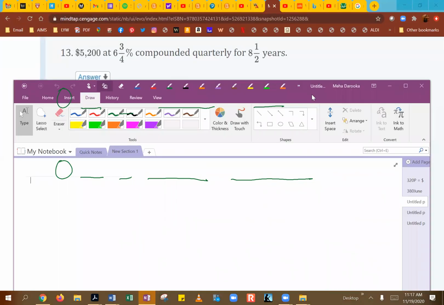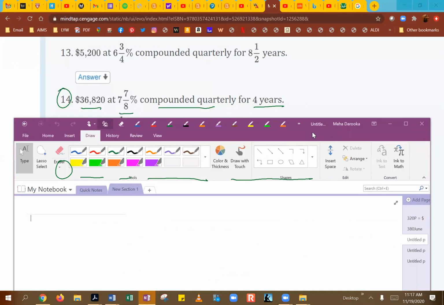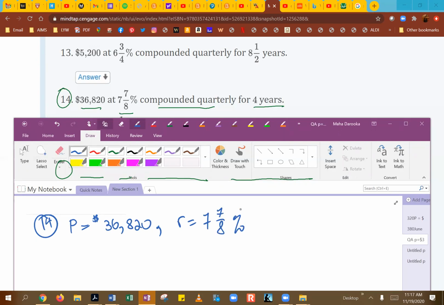So let's start out with number 14 over here. Okay, so they're telling us that the amount, as it can be invested or borrowed, is $36,820. Our rate of interest is 7 7/8%.